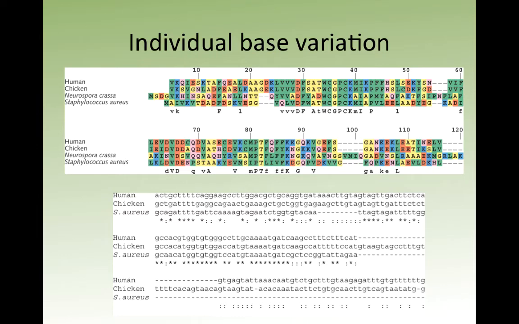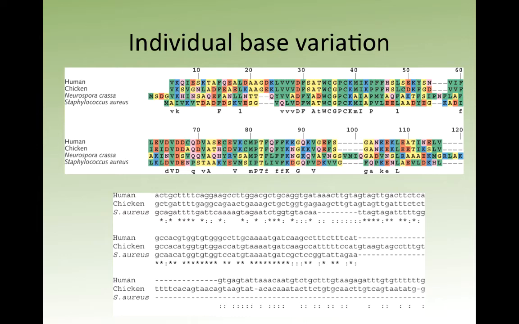What we're looking at here are sequences of thioredoxins from vertebrates, human and chicken, from Neurospora crassa, which is a fungus, and from a bacterium, Staphylococcus aureus. When we look at this at a protein level, you can see that there are a lot of proteins that are similar for these thioredoxins, and a lot that are different.